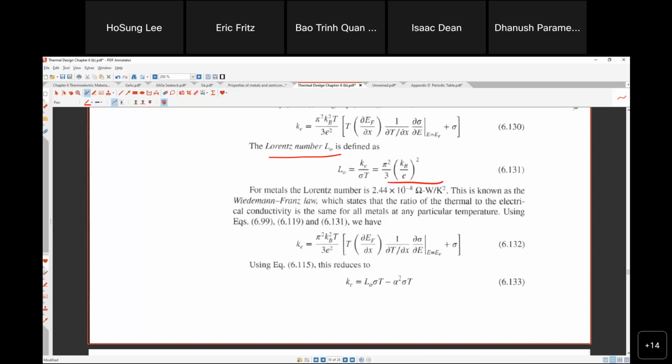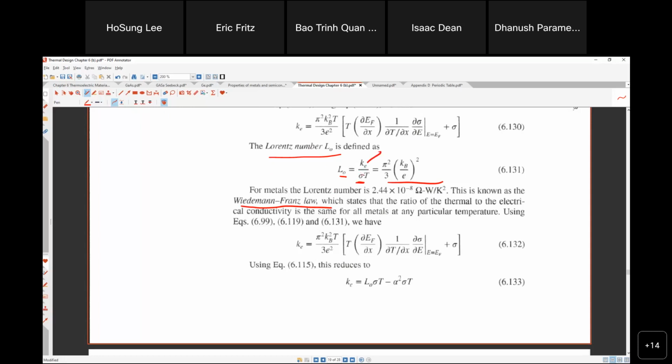That ratio is constant. That's so weird. That's the Wiedemann-Franz law. All chemistry has this material. So if it is constant, it means more electrical conductivity brings more thermal conductivity.